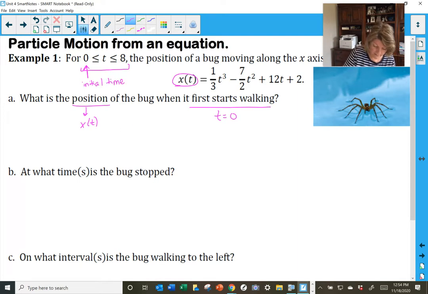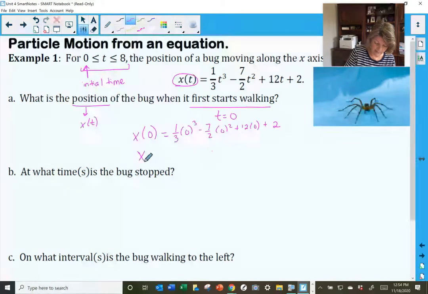So I'm going to look at x evaluated at 0: 1/3 of 0 cubed minus 7/2 of 0 squared plus 12 times 0 plus 2. So I get x of 0 is 2. Doesn't give us any units on this one, so 2 units, centimeters, inches, whatever, but some sort of length.